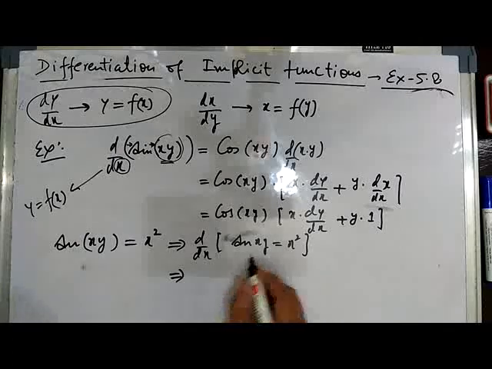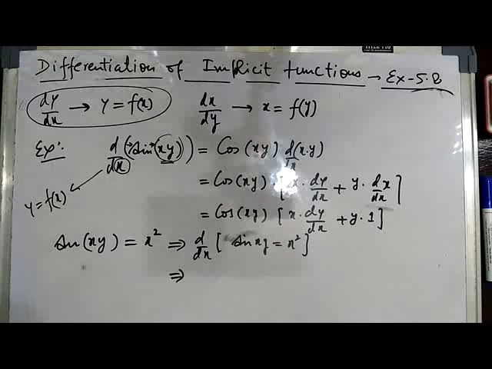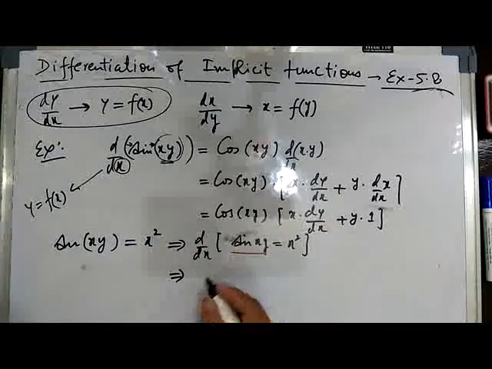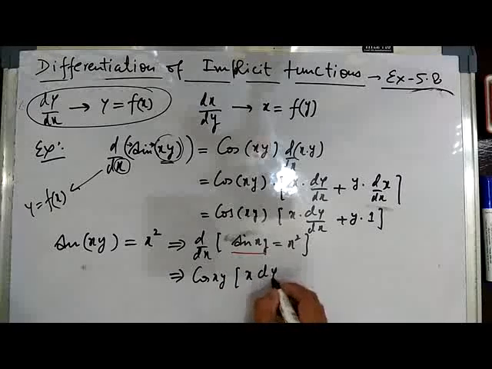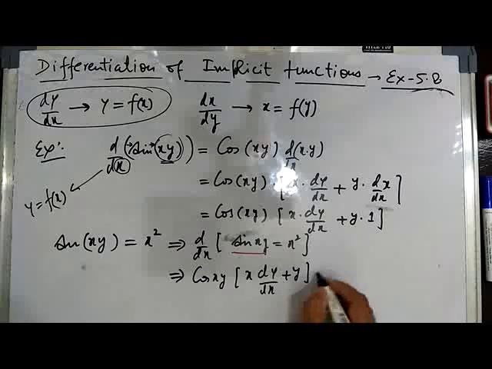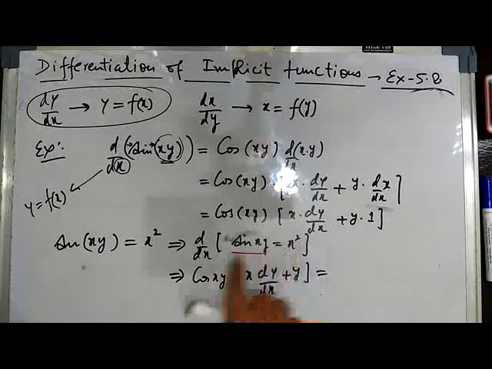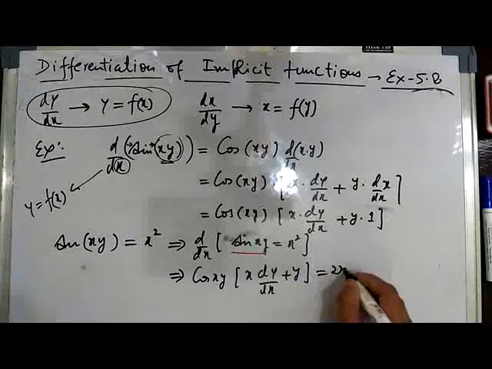On the left-hand side, the differential of this function, you may take the help of this step, that is cos(xy) times (x dy/dx + y), and on the right-hand side, since the differential of x² is taken with respect to x, it is 2x.